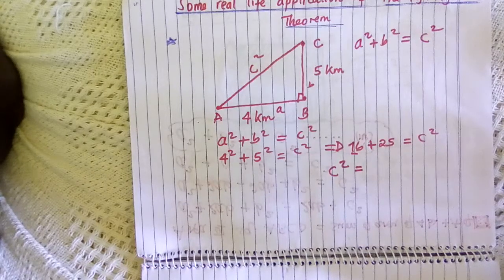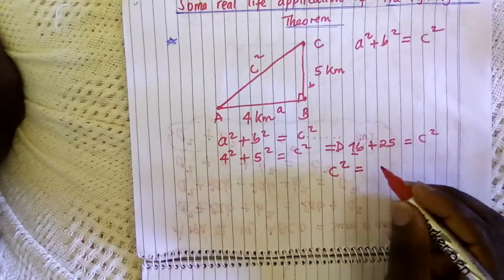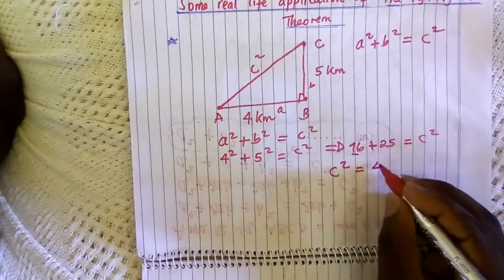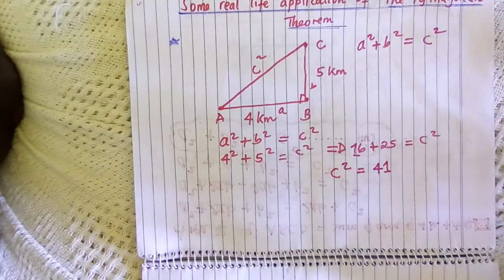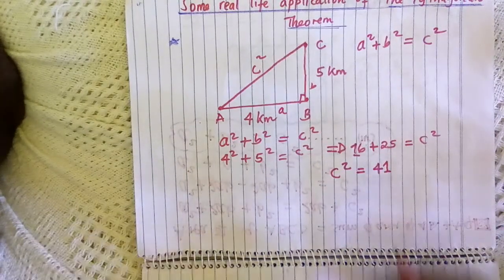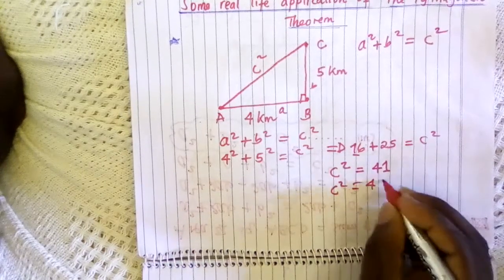What do you think would be 16 plus 25? That'll be 41. This would be basically 41. Right, so C squared equals 41.